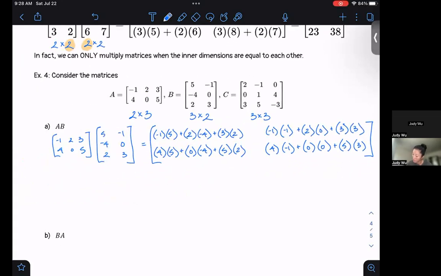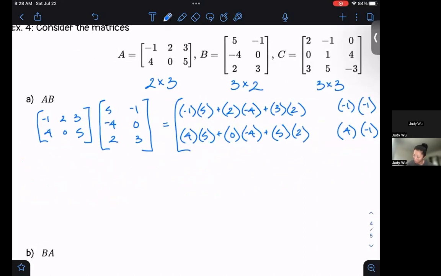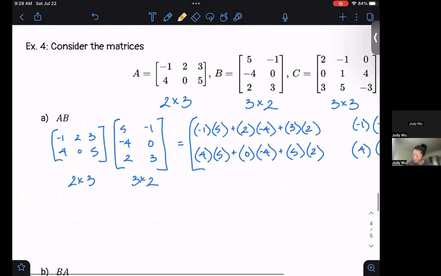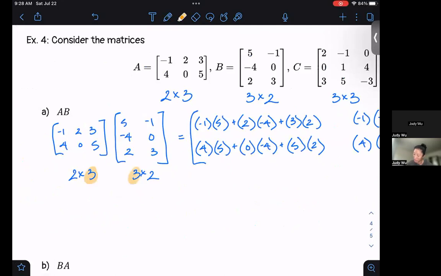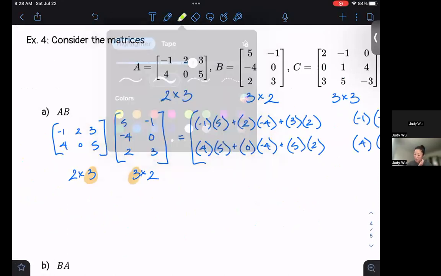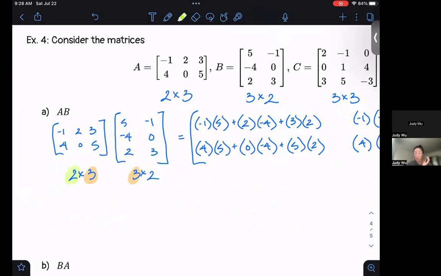Now check this out. I started with a 2 by 3 times a 3 by 2, and as we mentioned above, if the inner dimensions are the same, we're good to go. But the rows in the first matrix and the columns of the second matrix actually tell us the dimensions of our final answer.